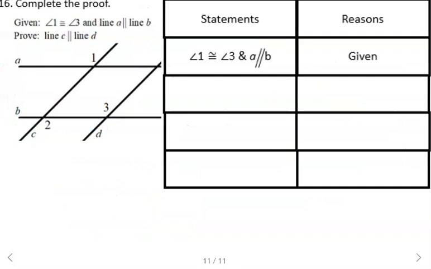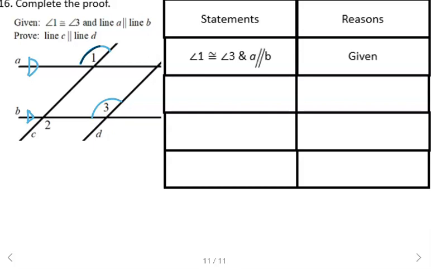All right. We have parallel lines A and B. That's part of our given. And we're told that angle 1 and angle 3 are congruent. Because line A is parallel to line B, we can say that alternate exterior angles are congruent.